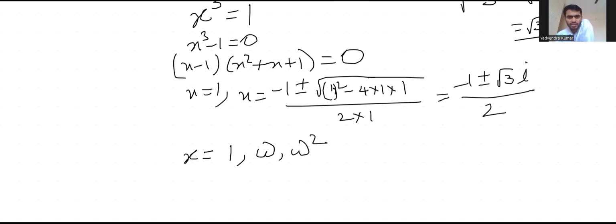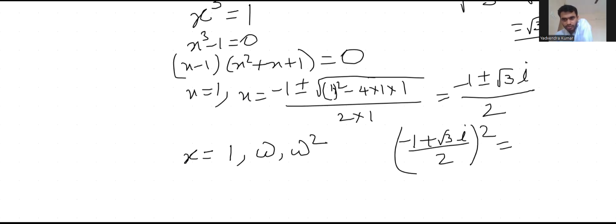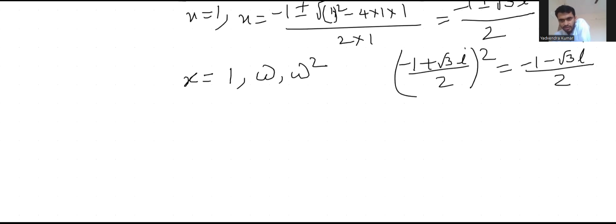Why am I assuming like this? Actually, here one root is minus 1 plus root 3 iota by 2. So if you square this, you will get the other one, minus 1 minus root 3 iota by 2. So that's why.